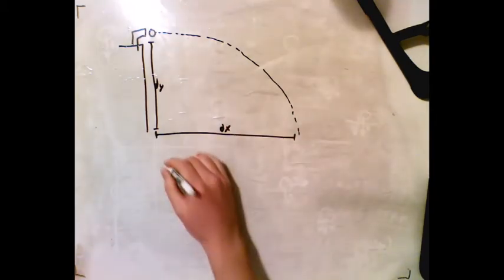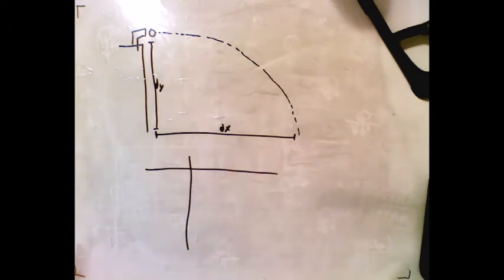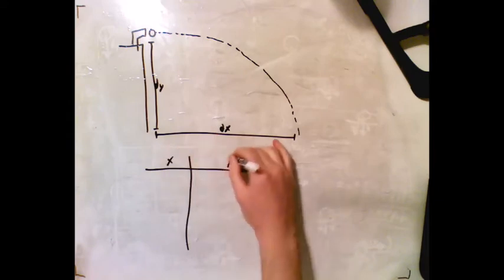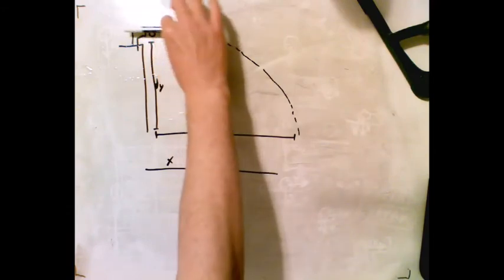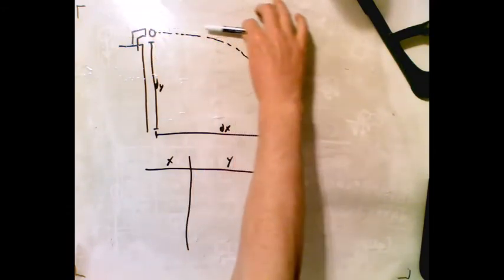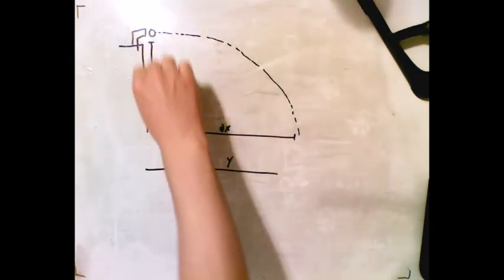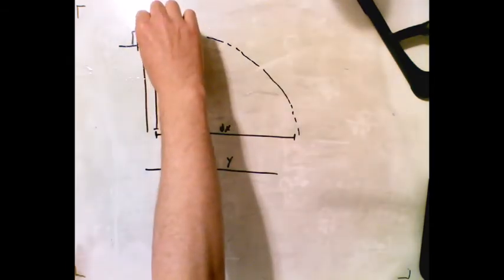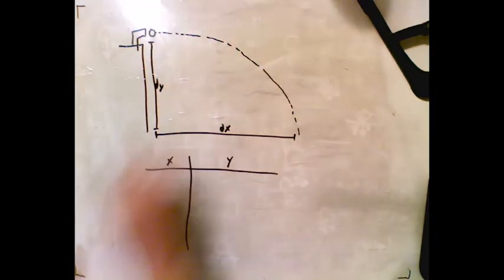When doing projectile motion problems, we want to have our stuff organized, so we have an x and we have a y. In the x, it's just moving at a constant speed the entire time, right? And in the y, it's just falling. When we put those two motions together, moving at a constant speed while falling, we end up with this type of arc that we call a parabola.